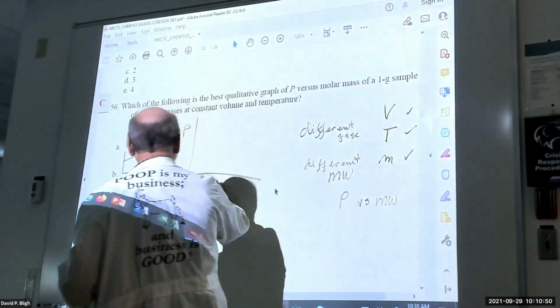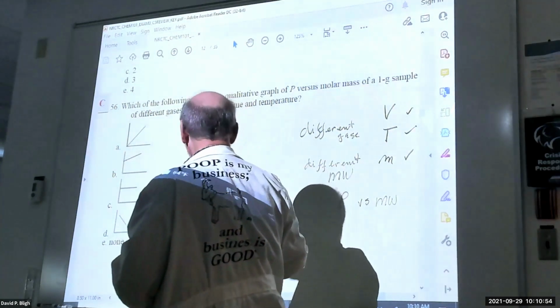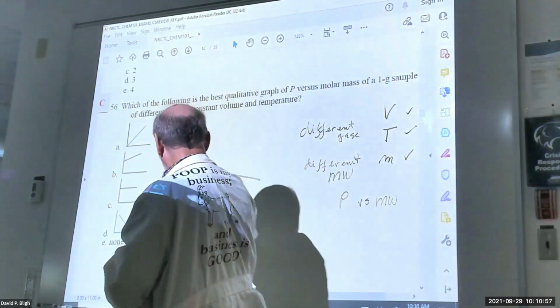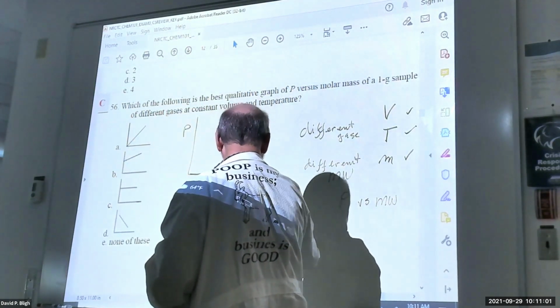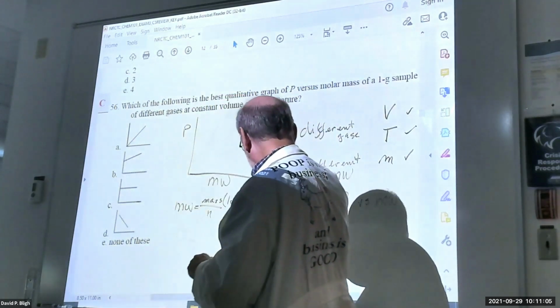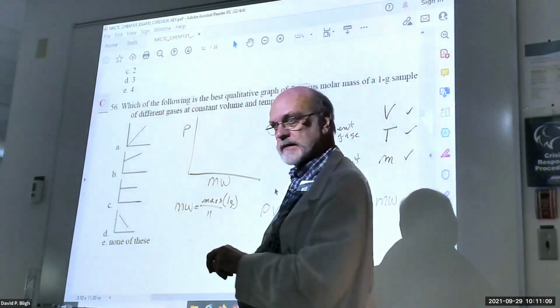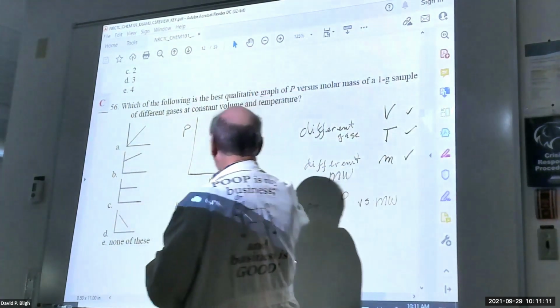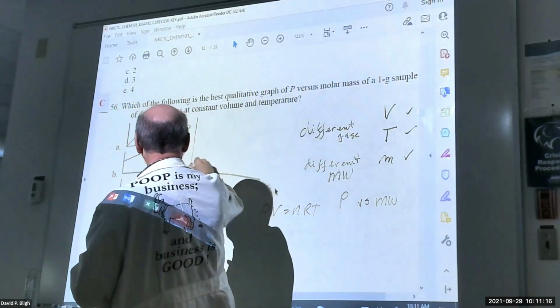So if we're going to plot molecular weight against pressure, what's our relationship here? The relationship we know of is PV equals nRT. So as the number of moles goes up, the pressure goes up, right? If we were plotting the number of moles versus pressure, it would be like that.